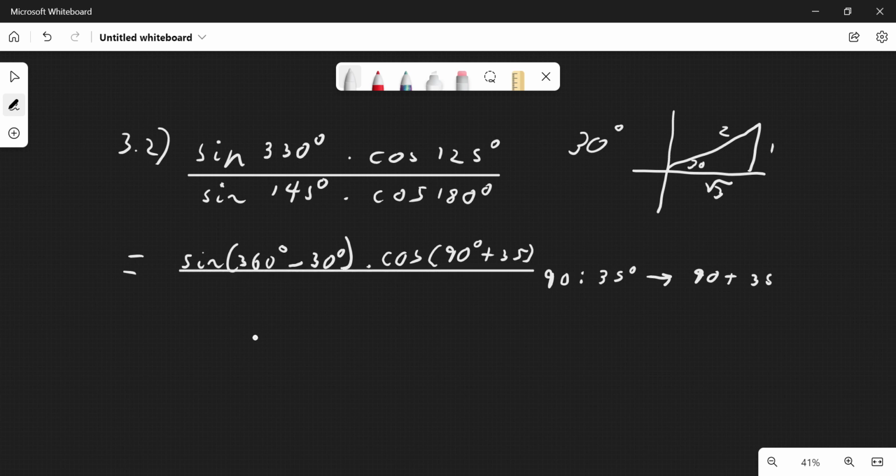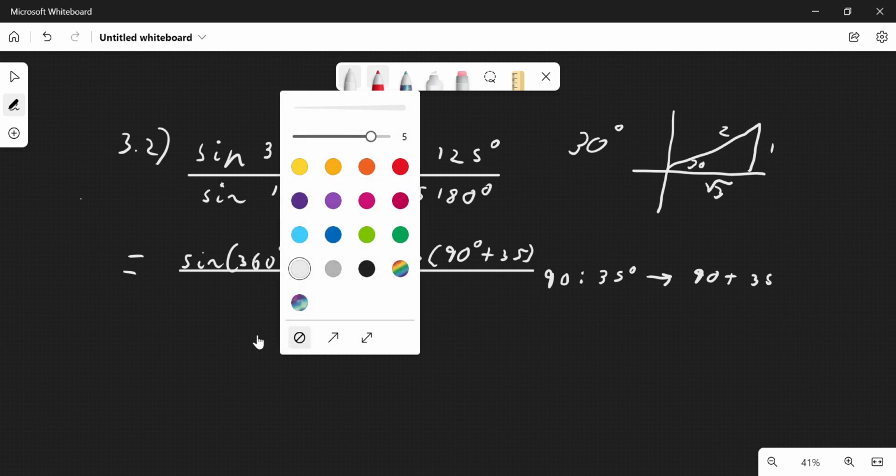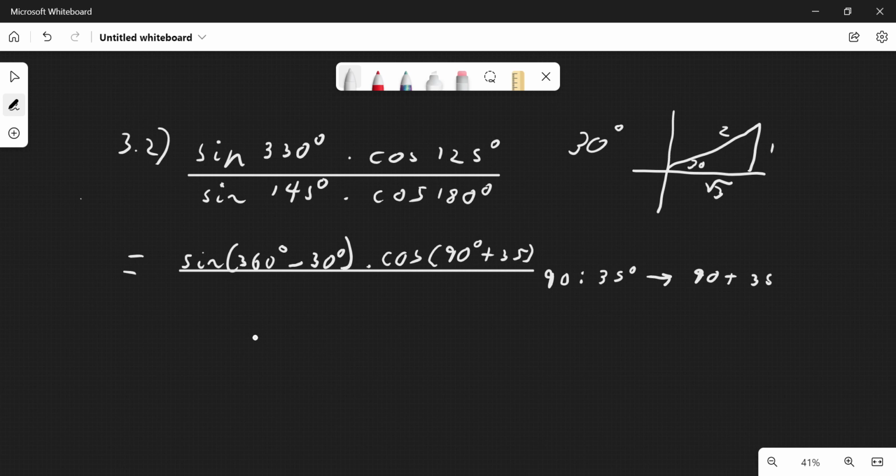So if I have sine of 55 here, if I can turn this into cos of 35, then I can mathematically make them equal 1, and there can be a simplification there. But let's see how this goes. So that's what I'm aiming for. I'm actually working this out with the goal to cancel and simplify there.